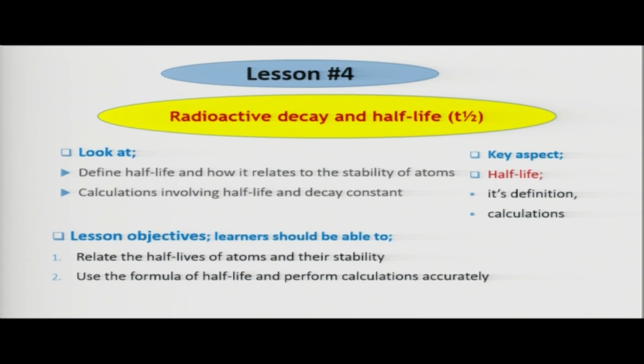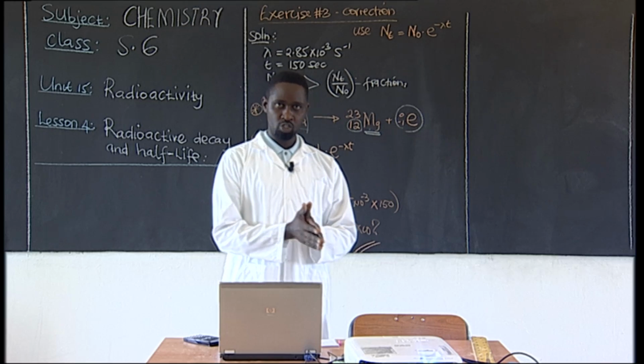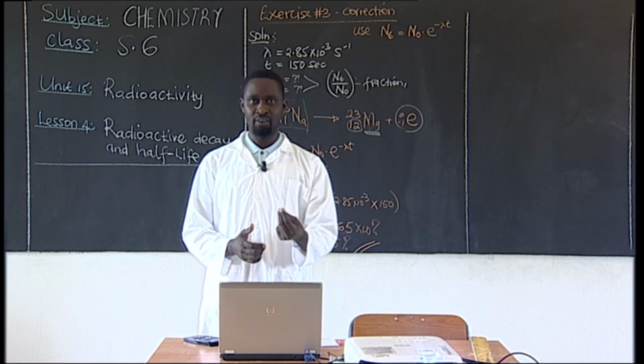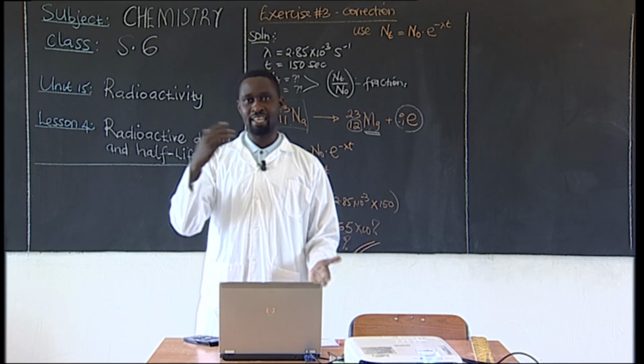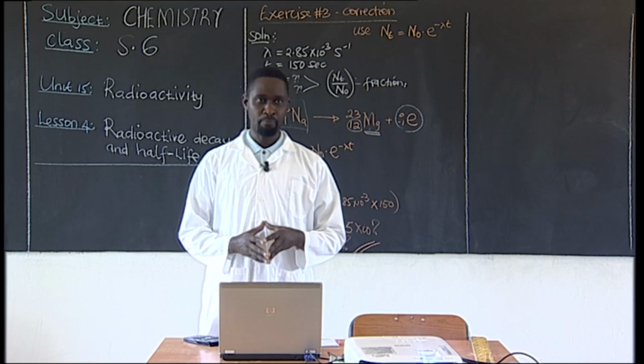Is there any way one can look at the half-life of a certain atom and tell whether it is stable or unstable? If you can look at the half-life and predictively tell that this will be more stable than the other, then you will have really conceptualized the lesson work.